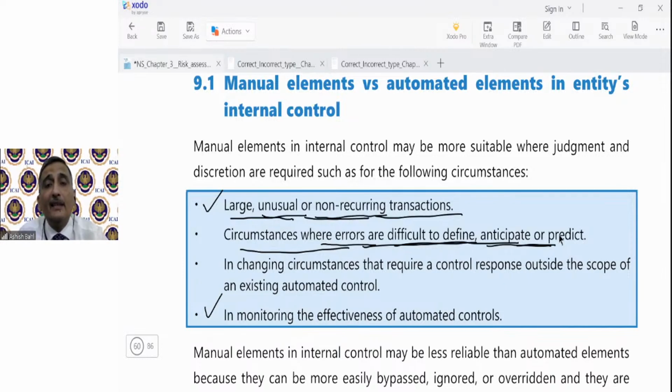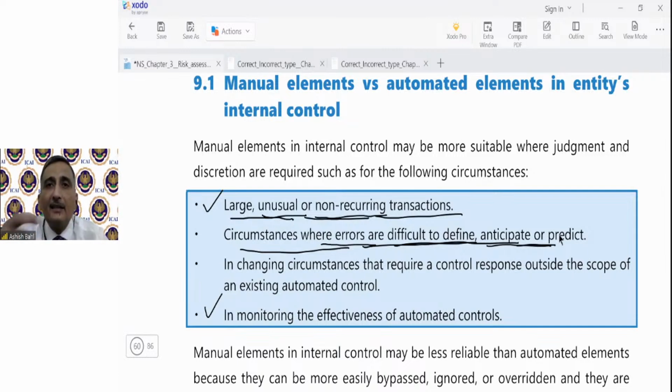So obviously this is again job of the people running the company. So this part, students, we had done in the components of internal control as part of monitoring of controls.